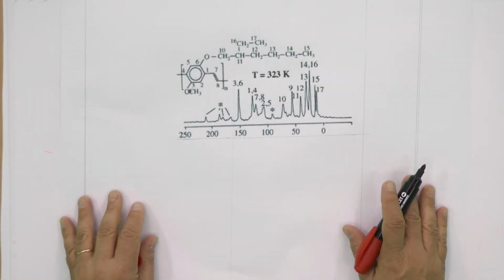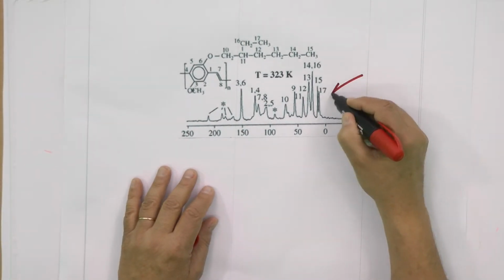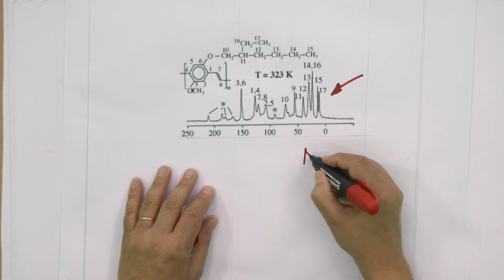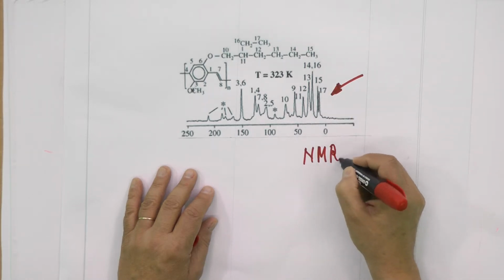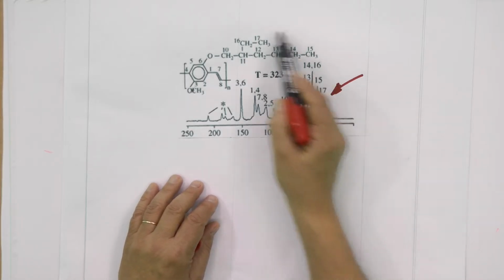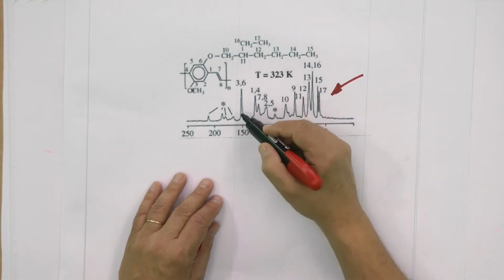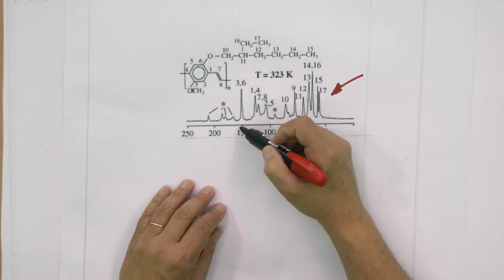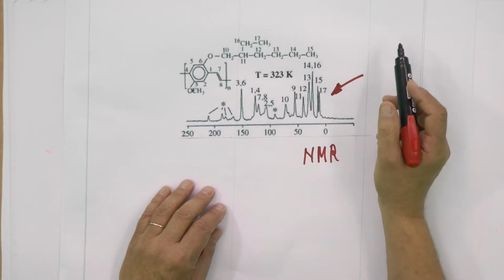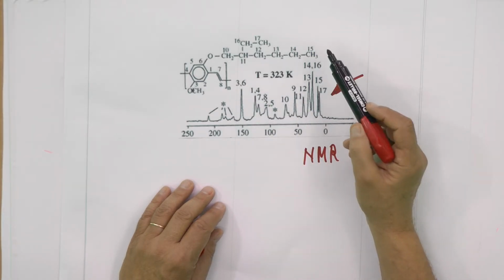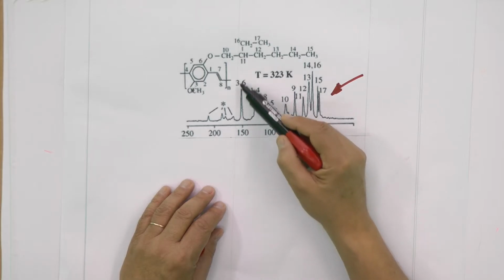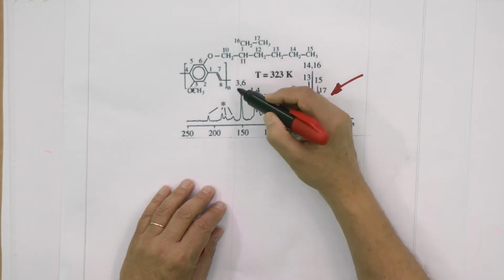So normally, looking at the collection of the peaks on the NMR, we identify not only the molecule, but suppose that this peak here is shifted a little bit.